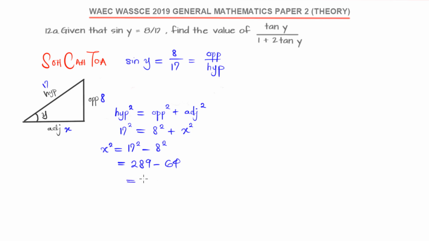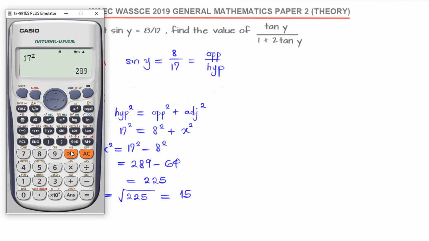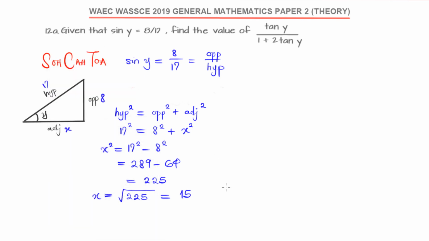That will amount to 225, so x will be the square root of 225, which is 15. You can always confirm that root 225 is 15. So now we know our adjacent to be 15.